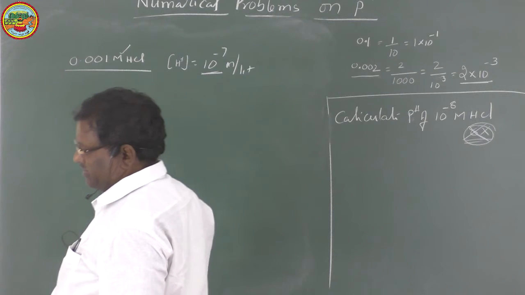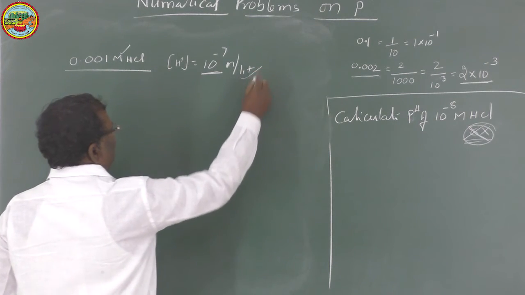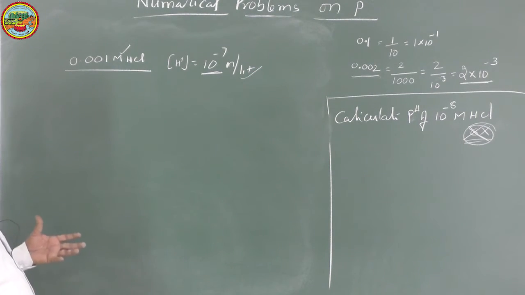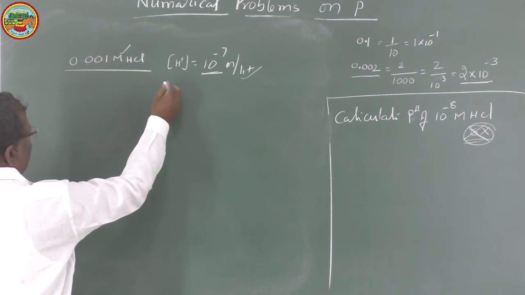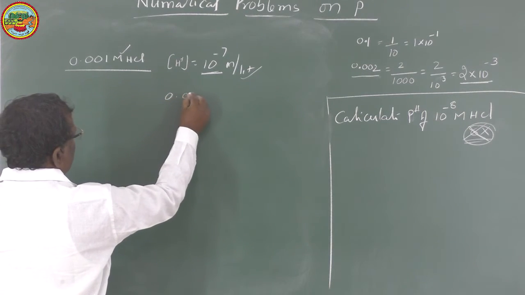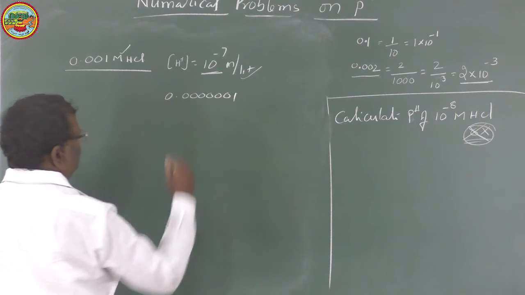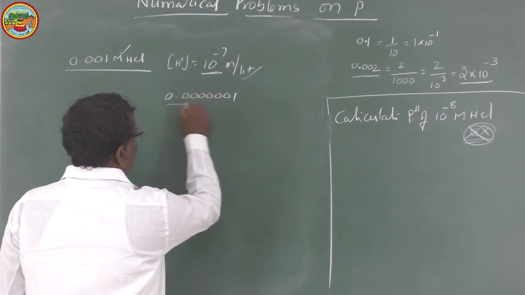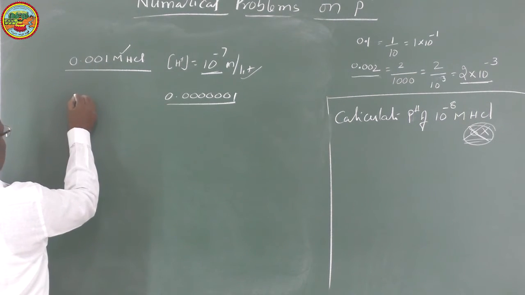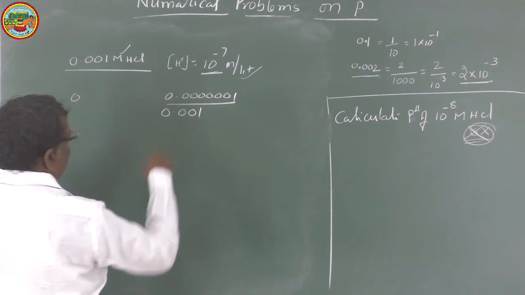In the cases which we studied so far, we neglected the concentration of H plus ions of water. Why have we neglected it? Because the H plus ion concentration in water is 0.0000001, with zeros and then 1. Now the concentration of H plus ion in acid is 0.001.